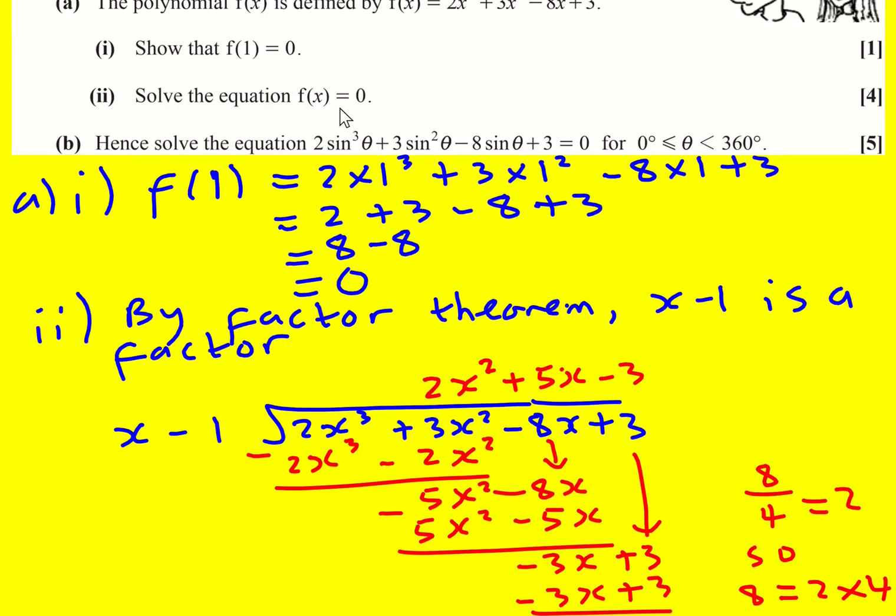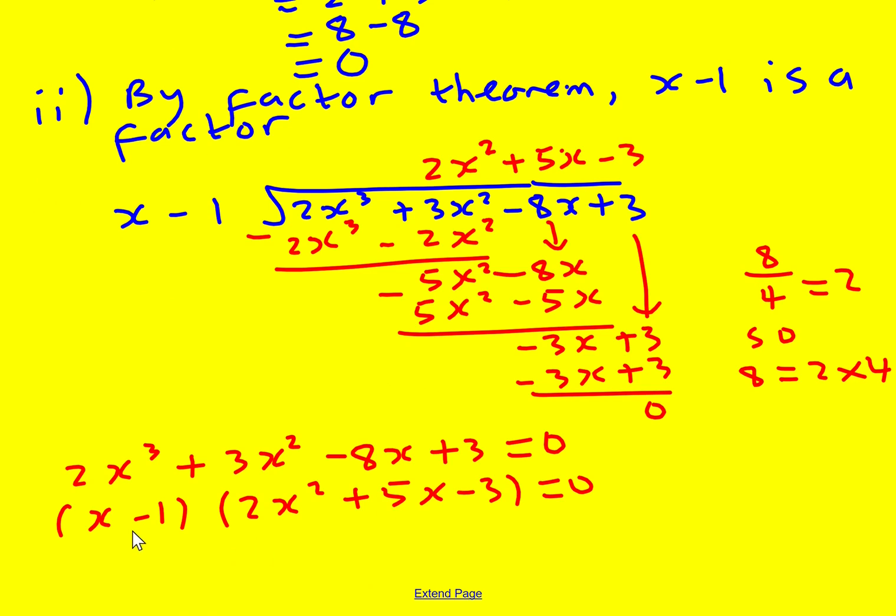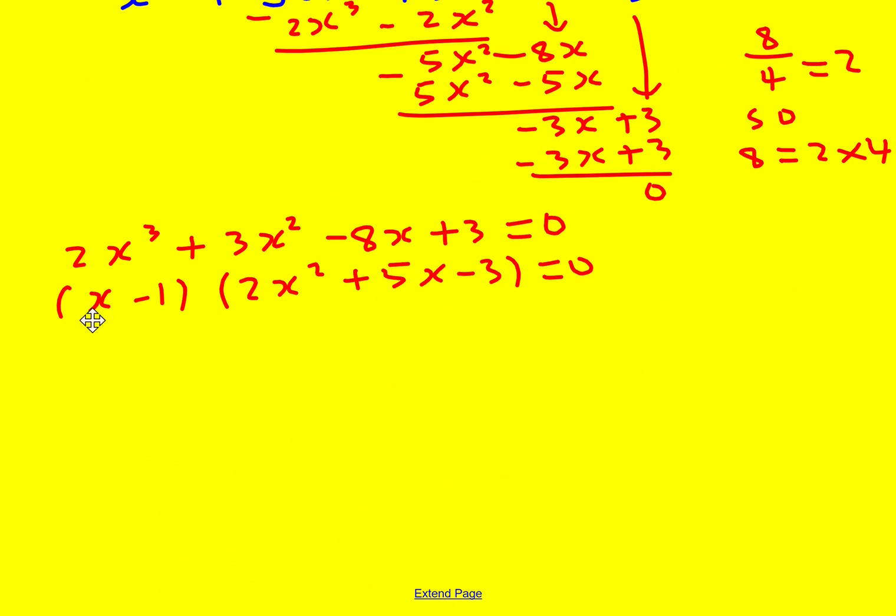This is in a good place now, so I'm solving this. I've got a linear factor and I've got a quadratic. I just need to continue to try to factorize the quadratic. You could use your calculator, but let's give it a go and see if it factorizes first of all. So the only things that if it factorizes are 2x and x, and then I need a 1 and a 3 here. Will that work? Well, I'll get 6x, and I'll get x.